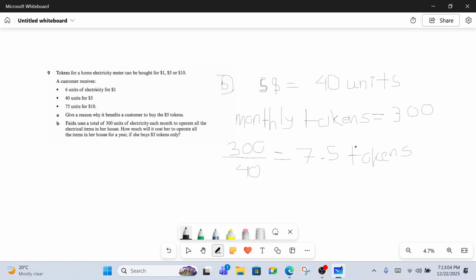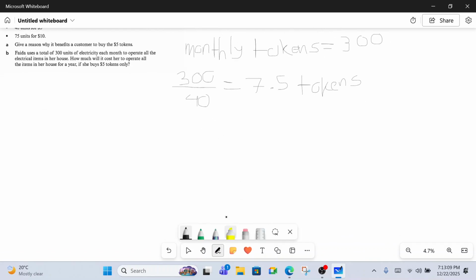Now we need to find out the monthly price for 7.5 tokens, right? So cost per month equals 7.5 times 5, which gives us an answer of 37.50.